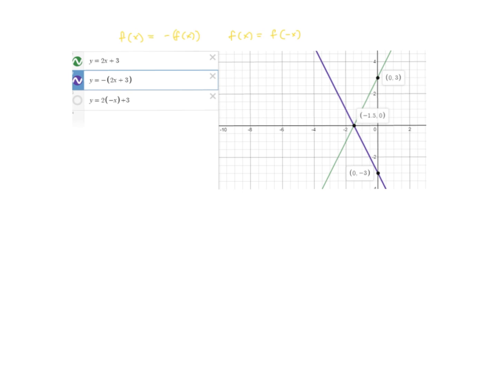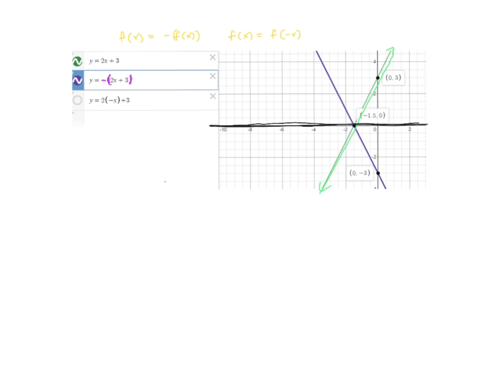Here in purple, we see the impact of putting the negative on the outside. Our original line was this green line here, and when we put the negative on the outside, we see an inversion along the x-axis.